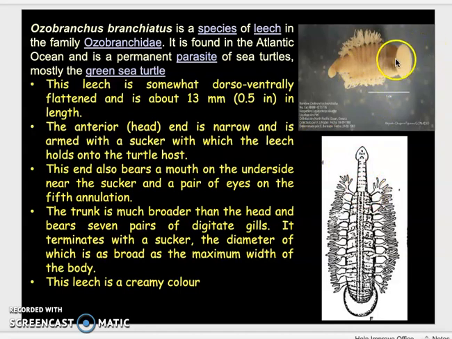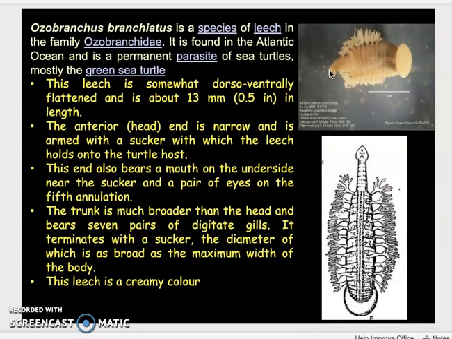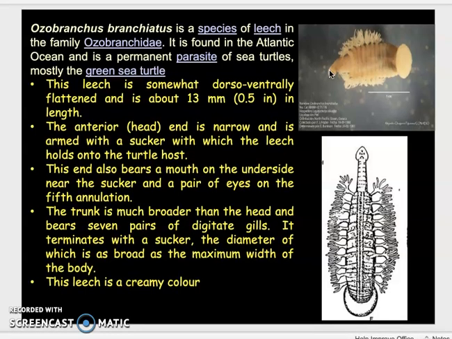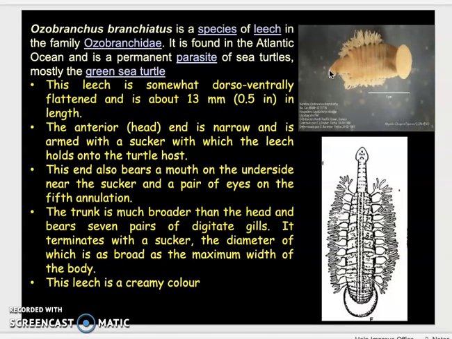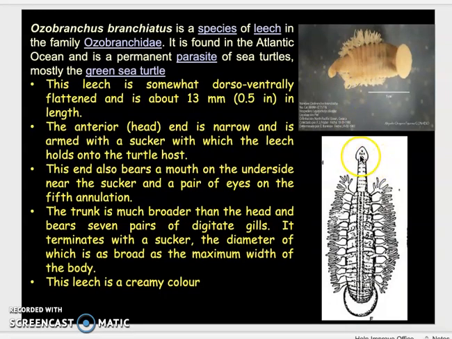The anterior head is narrow, which is used to bury into the turtle host, and a pair of eyes is on the fifth annulation.